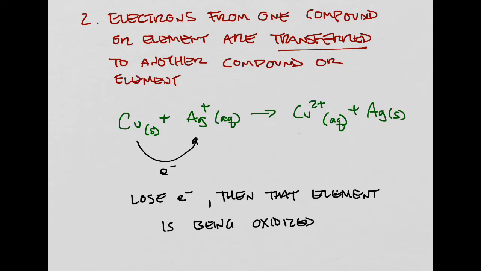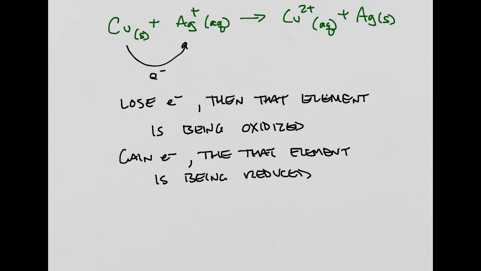On the flip side, the Ag plus, the silver ion, is being reduced because it is gaining an electron. All right, so you can see there that the thing that is gaining the electron has to be the silver ion. And in fact, there's a kind of a nice way to remember this, which is through the phrase OIL RIG. Okay.